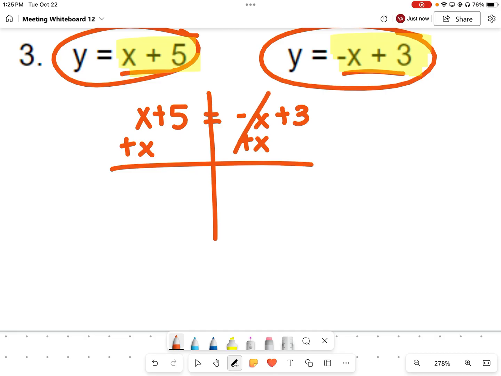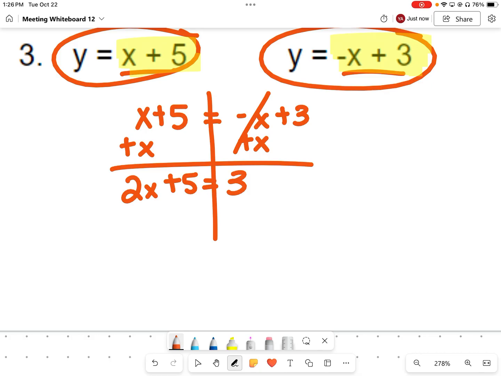So those are going to cancel. And I have x plus x. 2x plus 5 equals 3. Now we're at an equation we could solve easily. Get all of our x's on one side. Already did that. Now we need to do the add or subtract first.